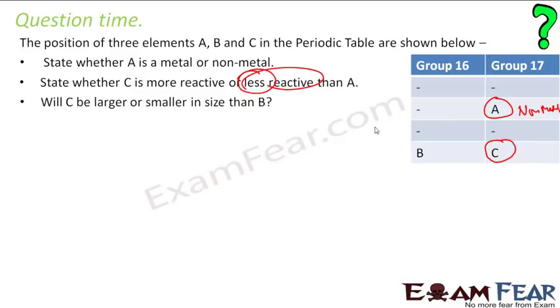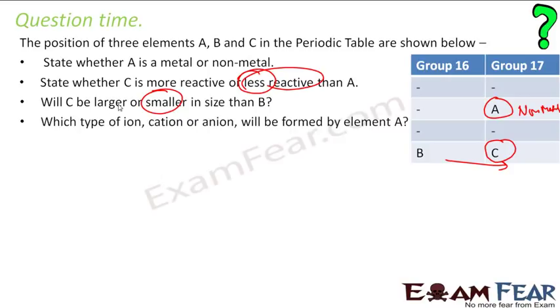Will C be larger or smaller than B? Compare C and B. C has to be smaller because the number of shells is the same, but if you go from here to here, the proton count becomes more powerful compared to B, right? And then it will attract electrons more compared to B, and thus the size will decrease. So you can see that C is smaller than B. Correct.